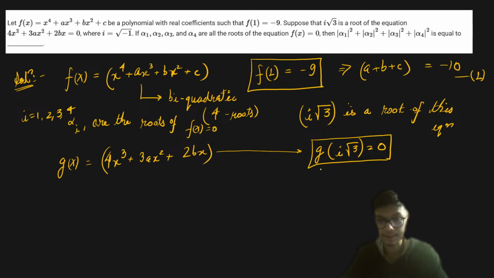Since these coefficients are real numbers, if one of the roots is iota root 3, then the other root will definitely be minus iota root 3, right? This is called a conjugate pair of roots. So it's going to be iota root 3 and minus iota root 3, and from here we can find the other root, because the sum of the roots is equal to minus 3 upon 4.